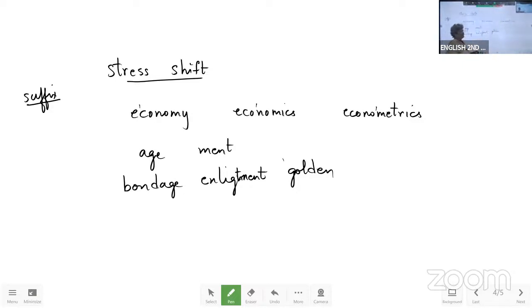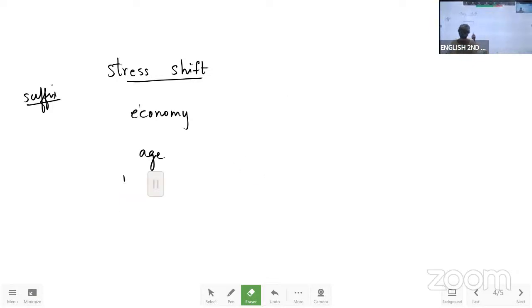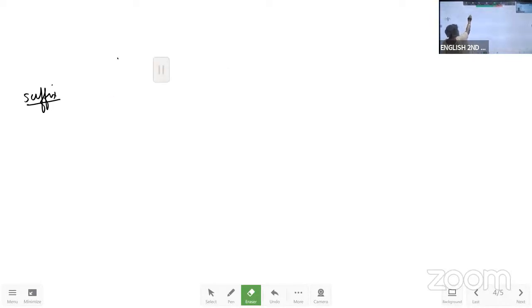But like I said, there are always exceptions to the rules, where when the suffix is added, it does not change. So it is the most confusing part of grammar, children, because we call it eccentric for the simple reason, very unpredictable.